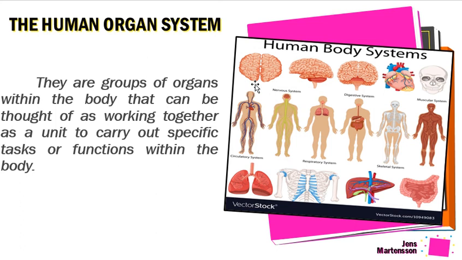So in the second video, again, I have posted or shared in our group page, it explains or describes the different human body systems. So, for example, here we have the circulatory system or the cardiovascular system with the lymphatic.